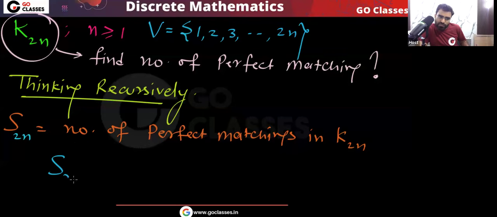So what will this S2n be? Think recursively. To cover the vertex 1, just focus on 1. For this vertex 1, how many choices are there as a partner? That is 2n minus 1. Yes or no?